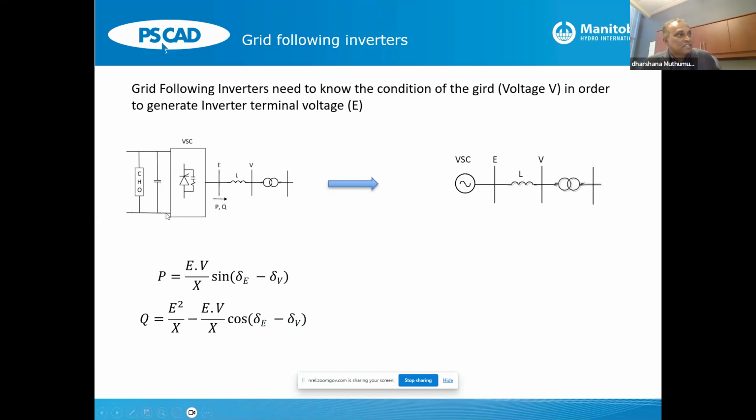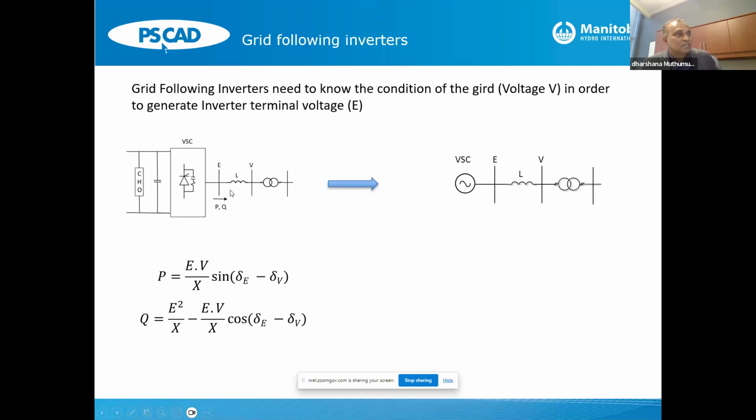The role of the VSC, what we want the VSC to do is establish a sinusoidal voltage E. The magnitude and the phase of this voltage E should be established knowing the magnitude and the phase of the voltage at the grid side of the inverter, right?